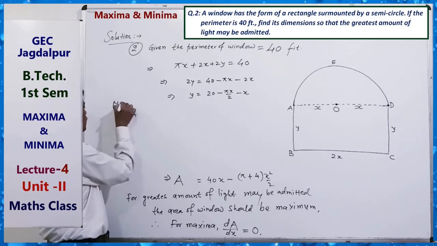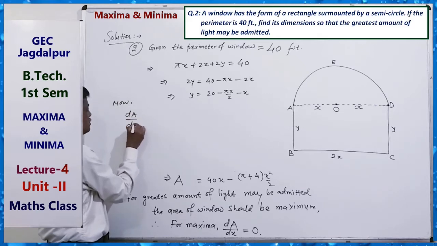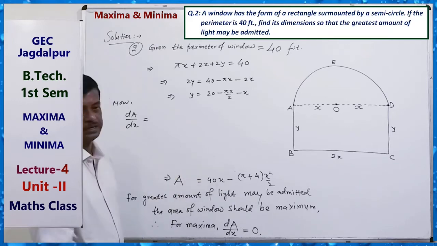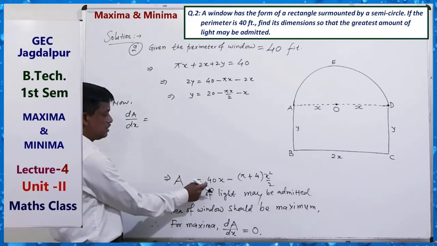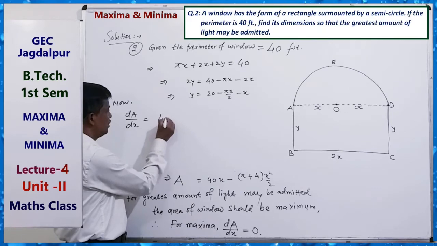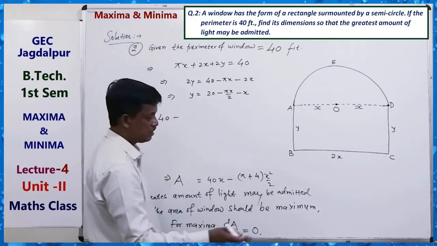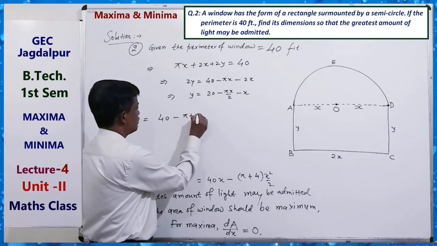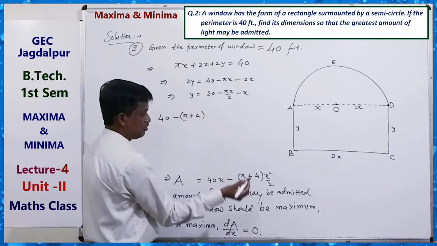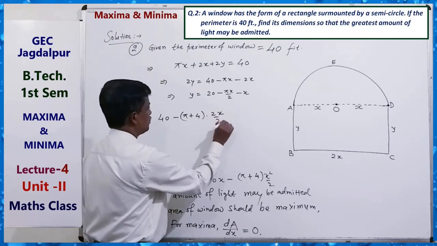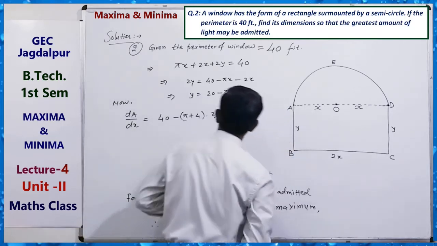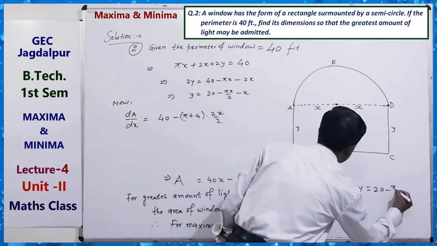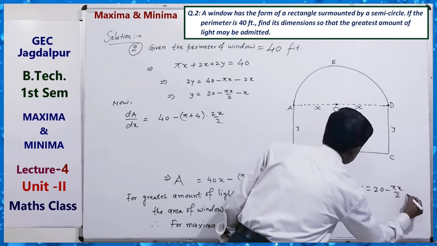Now dA by dx. A is this, just differentiate it. 40x gives 40, minus (pi plus 4) for the constant, x square by 2 gives 2x, so (pi plus 4) into 2x by 2. And here y equals 20 minus pi x by 2 minus x.